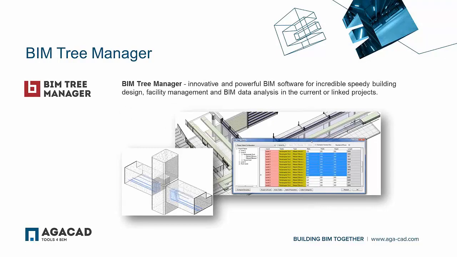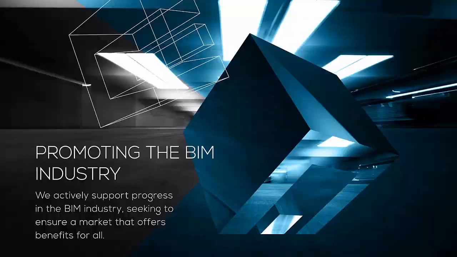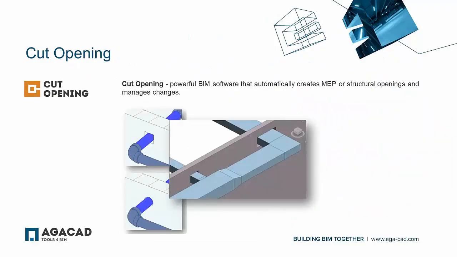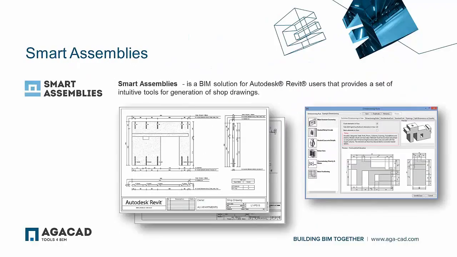Then BIM3 Manager for managing parameters, parameter values, and for inserting additional elements into the project and into different project places. And then Cut Opening. It's very powerful for inserting openings automatically. And Smart Assemblies is for making and preparing shop drawings.